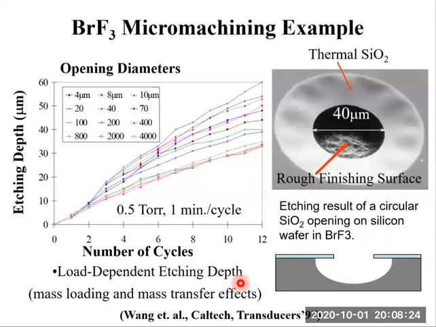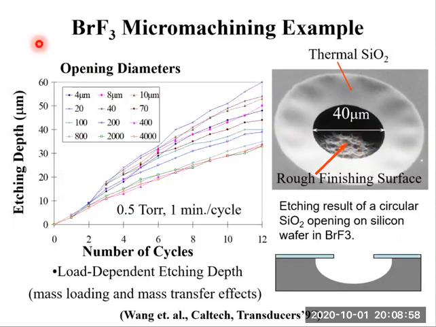Now let's take a look at a bromine trifluoride micromachining example. This SEM image shows the etching result of a circular silicon dioxide opening on a silicon wafer, and the silicon substrate is etched by bromine trifluoride through this opening. We can observe that the etched surface is very rough.